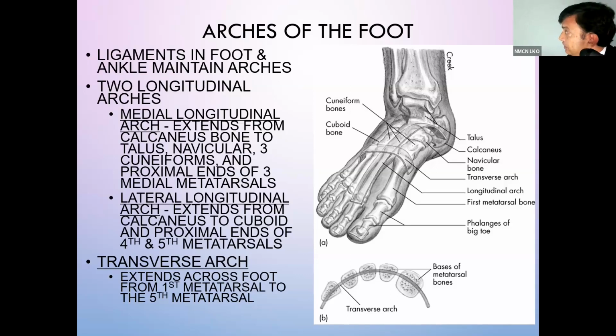And on the lateral side, it is from the calcaneum to the cuboid, and then the fourth and fifth metatarsals. And then the transverse arch is at the midfoot, in the heads of all the metatarsals.